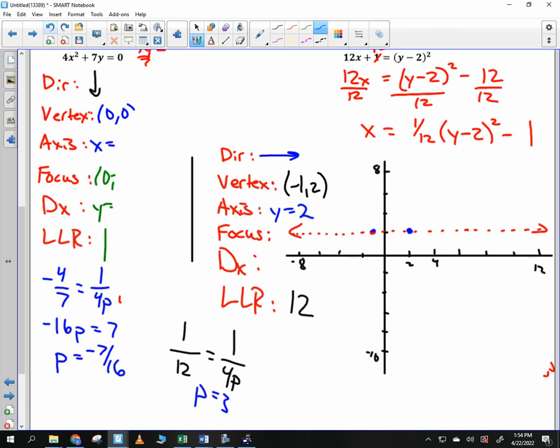What is the focus location? 2, 2, because I wrote it by 2s. Because the p value is 3. The directrix, I move 3 units in the other direction.